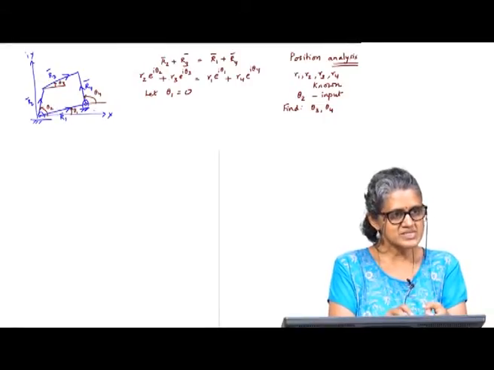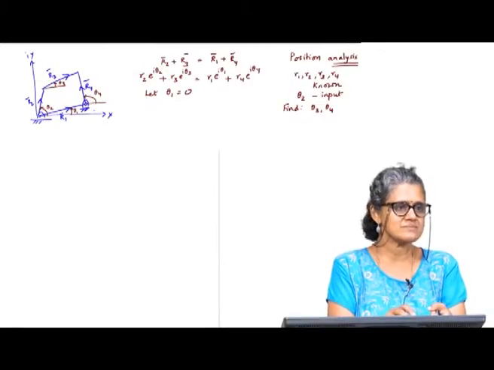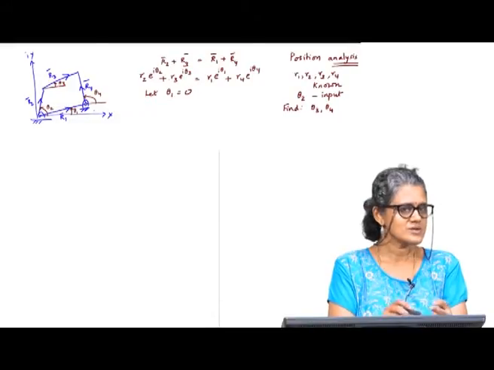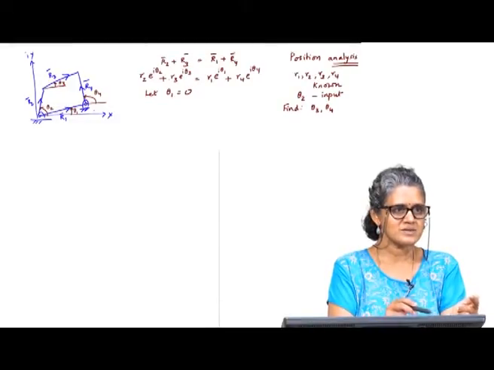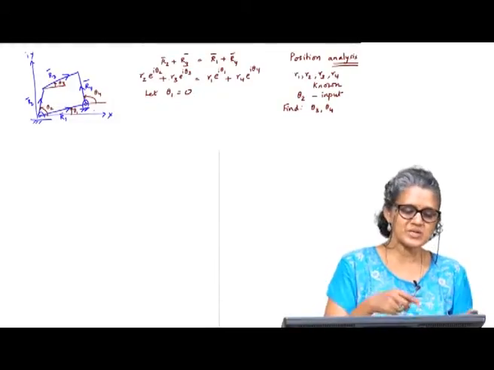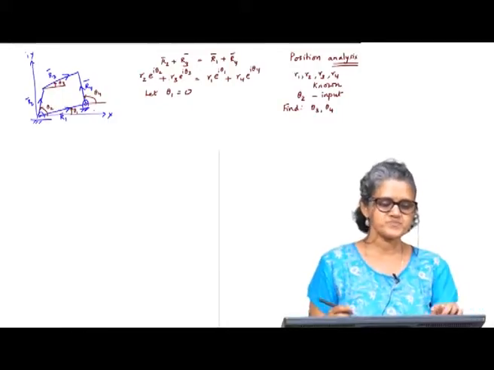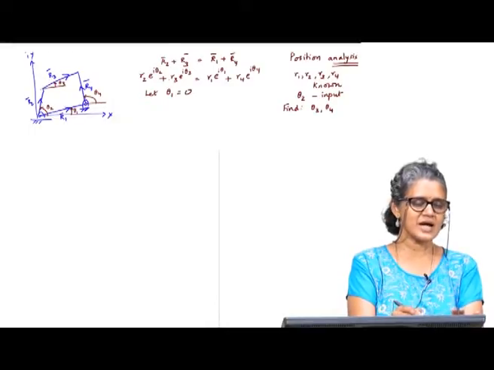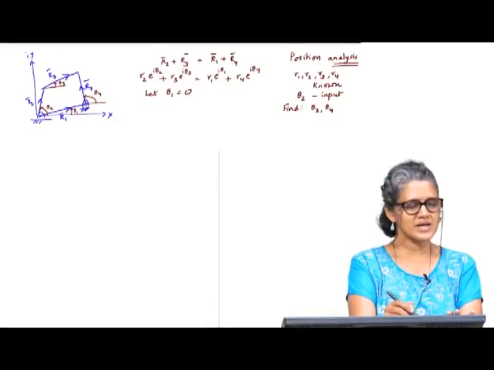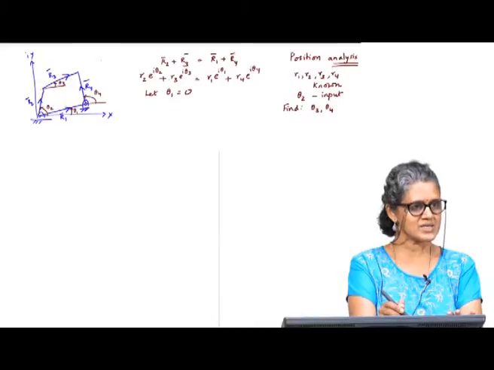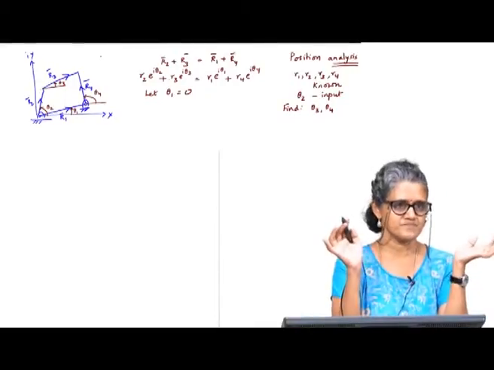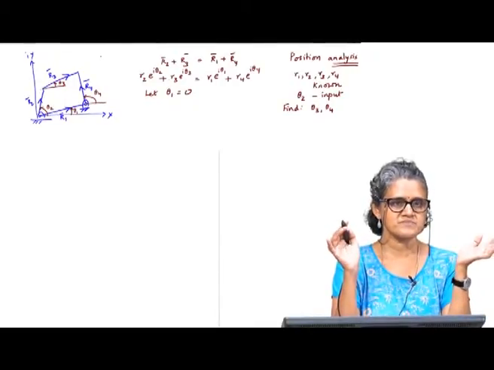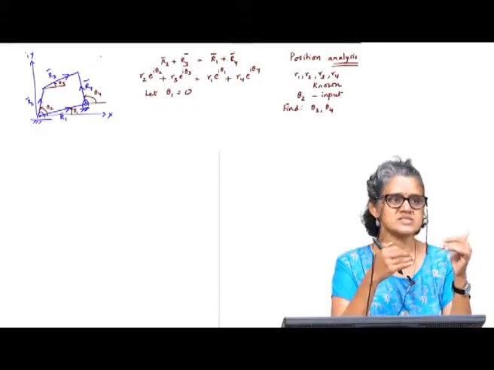Now, it is very easy to do this graphically. You can construct the 4 bar very easily when you do it graphically, because you just need the link lengths. From this point you set it at this angle theta 2, an arc with length r 3, another arc with length r 4, and you are done, if you know the configuration. In fact, in MATLAB you can construct it that way.